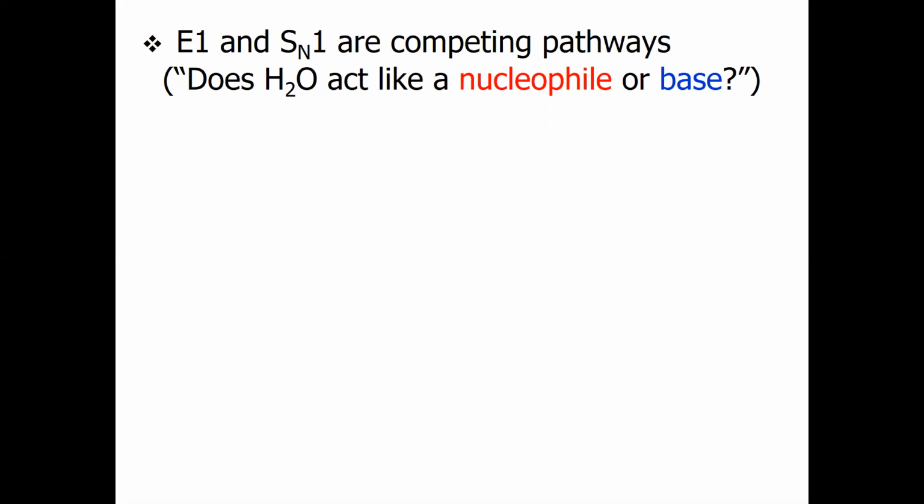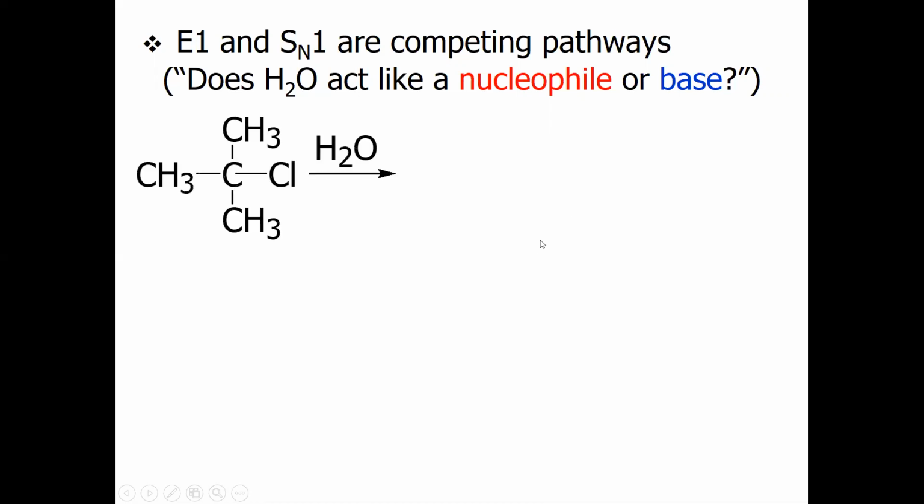Does H2O act like a nucleophile or the base? How can we distinguish? Let us see. For example, if you have this tertiary butyl chloride, and you are using a water molecule, it could act as a nucleophile or as a base.